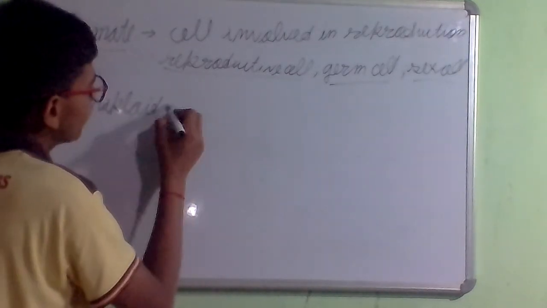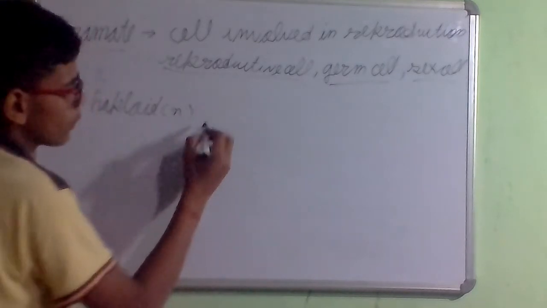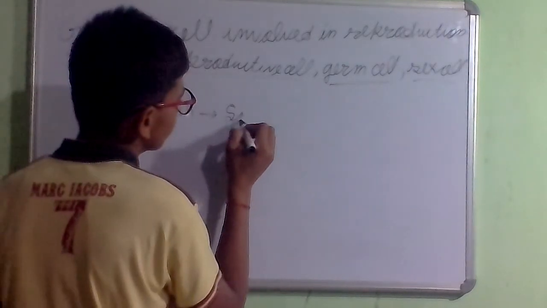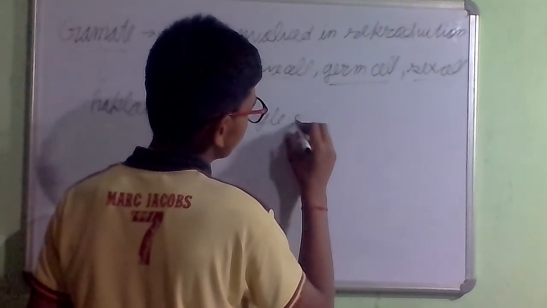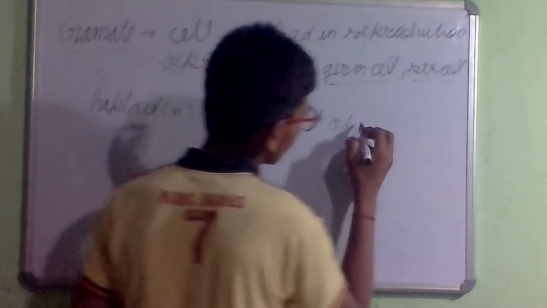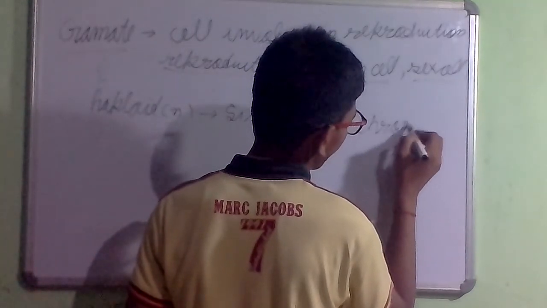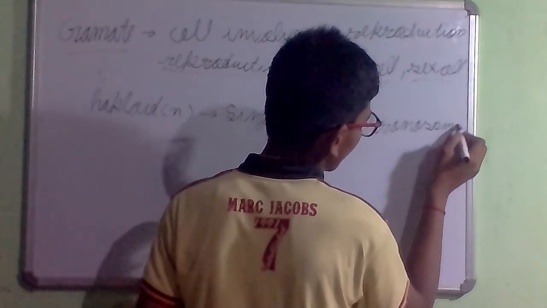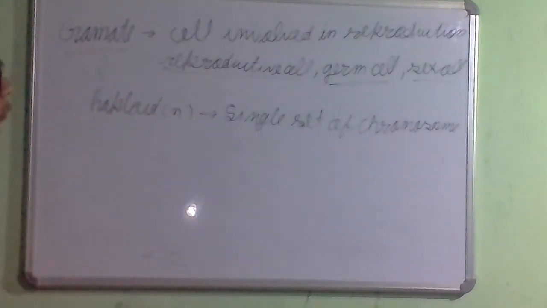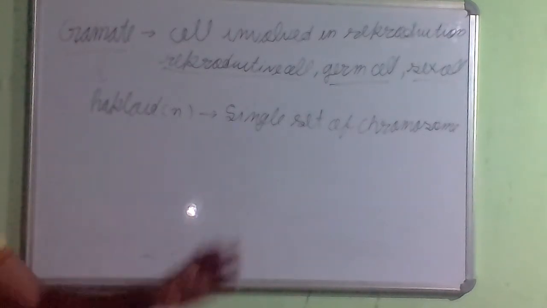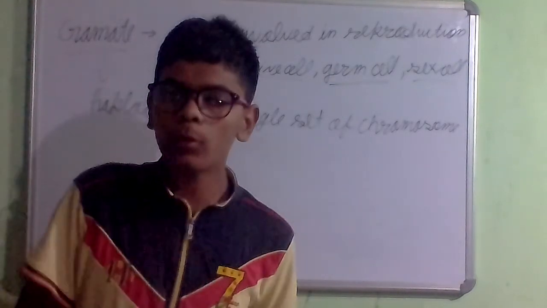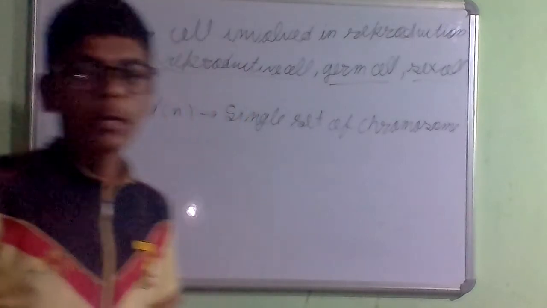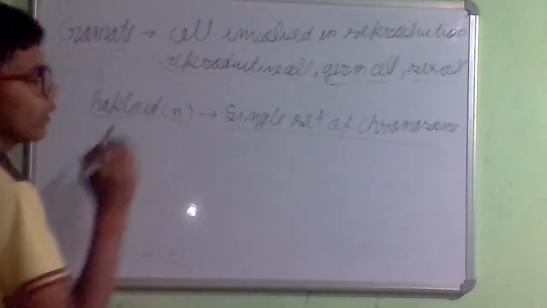It is denoted by N. When a gamete is formed, the new cell formed by division, whether mitotic, meiotic or amitotic, if it contains a single set of chromosomes, is denoted as N and called a haploid cell.